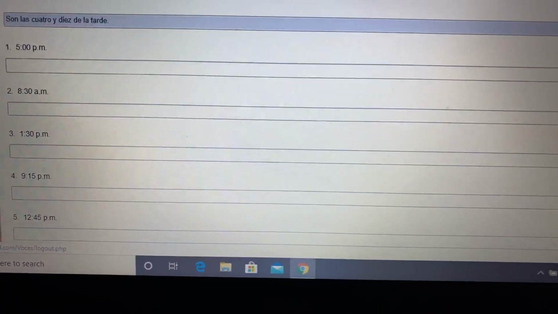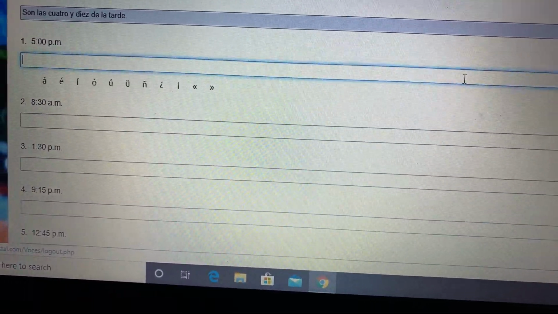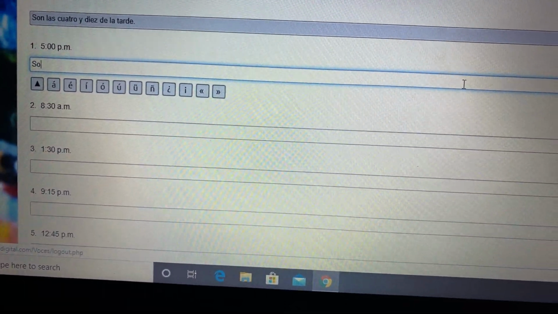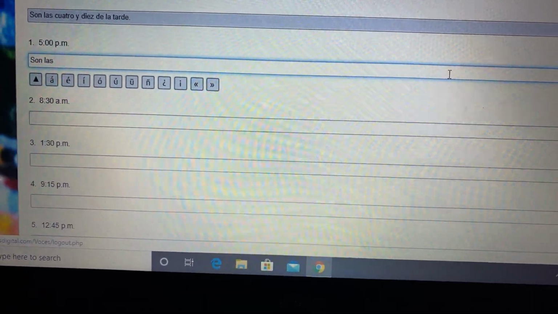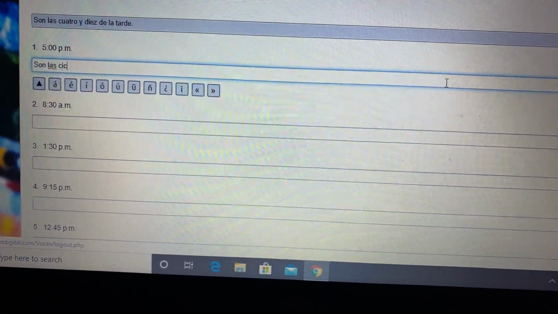So here we go. Let's look at number 1, 5 p.m. All of our sentences, except ones that begin with the number 1, are going to be son las. It's 5, so that would be cinco.